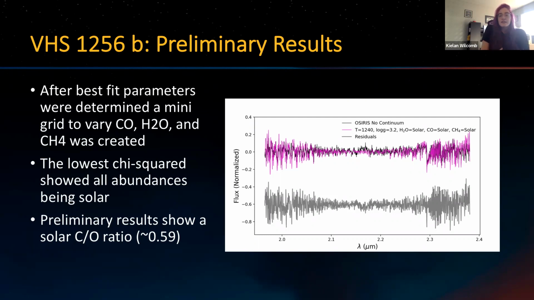I did a chi-squared analysis of this grid and found that the solar abundances for all molecules had the lowest chi-squared value. This will give us another approximately solar C to O ratio. The methane in this grid was not enough to affect the chi-squared that much. So we are recalculating these models and trying to see if we can see a difference when more methane is introduced.